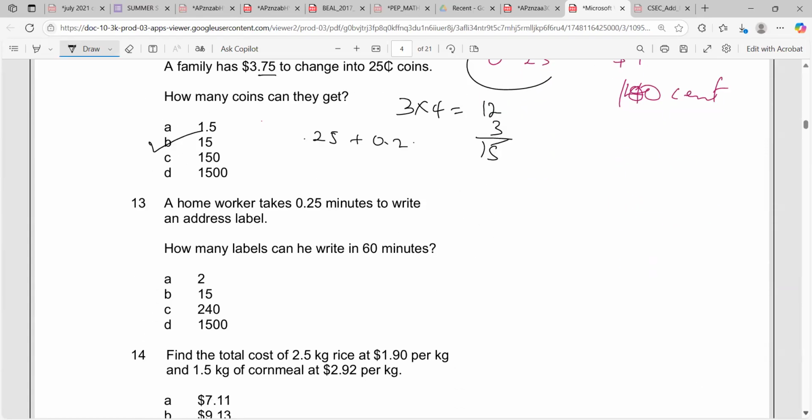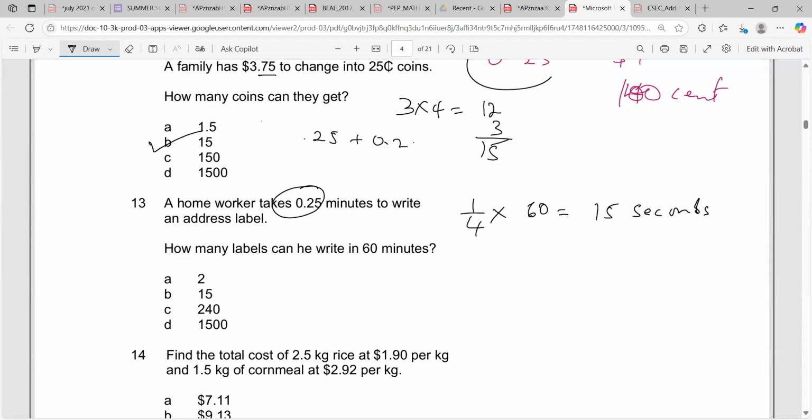Number 13: a home worker takes 0.25 minutes to write an address label. How many labels can he write in 60 minutes? Now, 0.25 minutes is really a quarter of a minute, right? Which is basically 15 seconds.